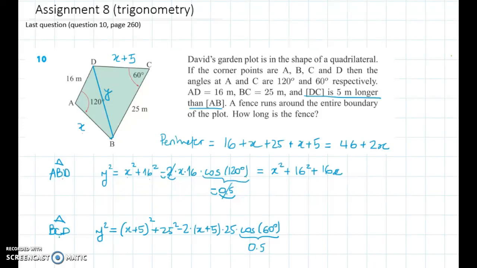Triangle BCD is a little bit more complicated because of this bracket with x plus 5 over here, but let's do it anyway. So we are going to have x plus 5, all of that squared, plus 25 squared, and then this 0.5 cancels with the 2 because 2 times 1/2 is 1.